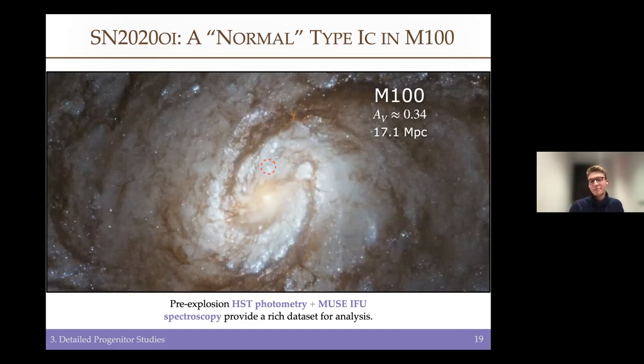A lot of things to note here, but one of the most significant things from this picture alone is that you now resolve a stellar cluster at the location of 2020 OI, and this ended up being really interesting in our analysis. And we also have MUSE IFU spectroscopy of the core of M100 that we leveraged to analyze exactly what's going on in the case of this explosion.